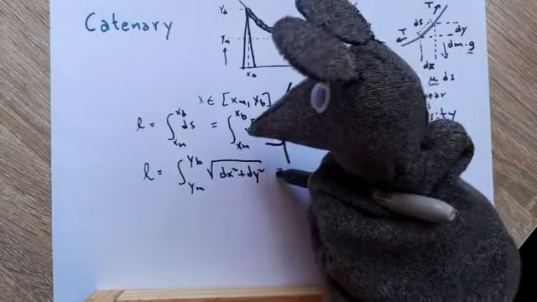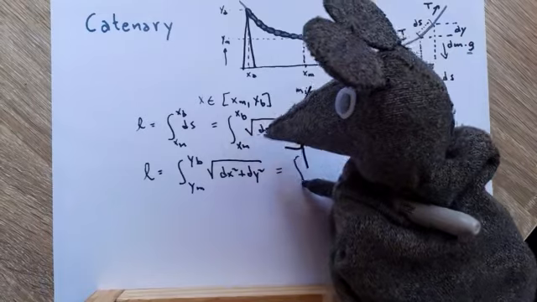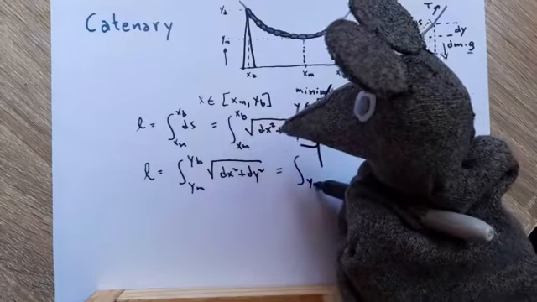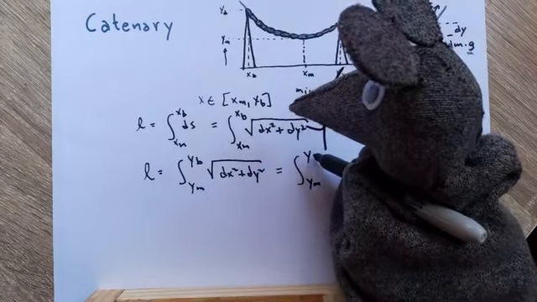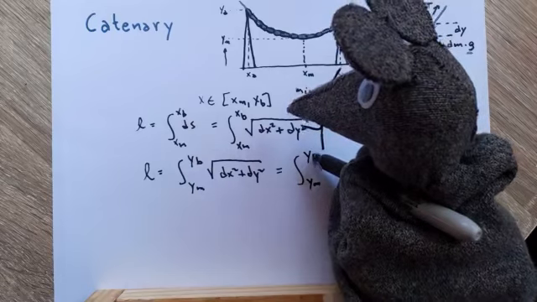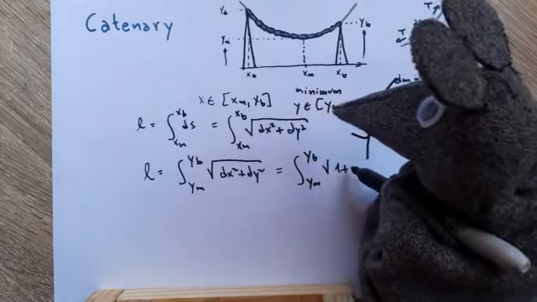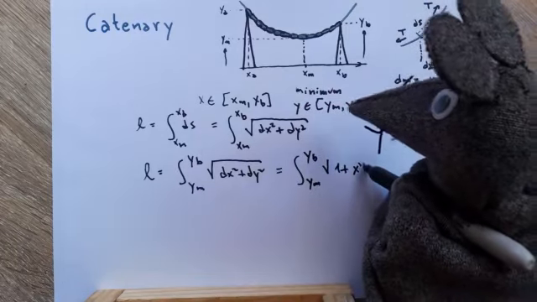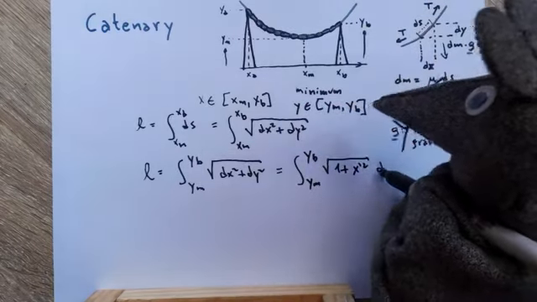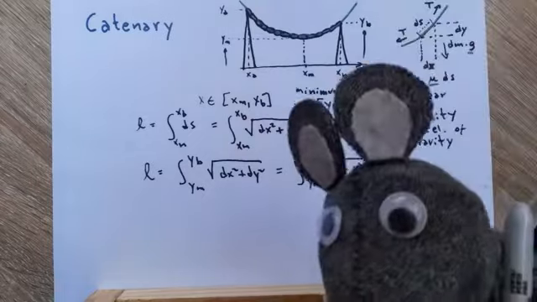Then we will factor out dy, so we finally get the integral of the square root of 1 plus x prime squared dy.